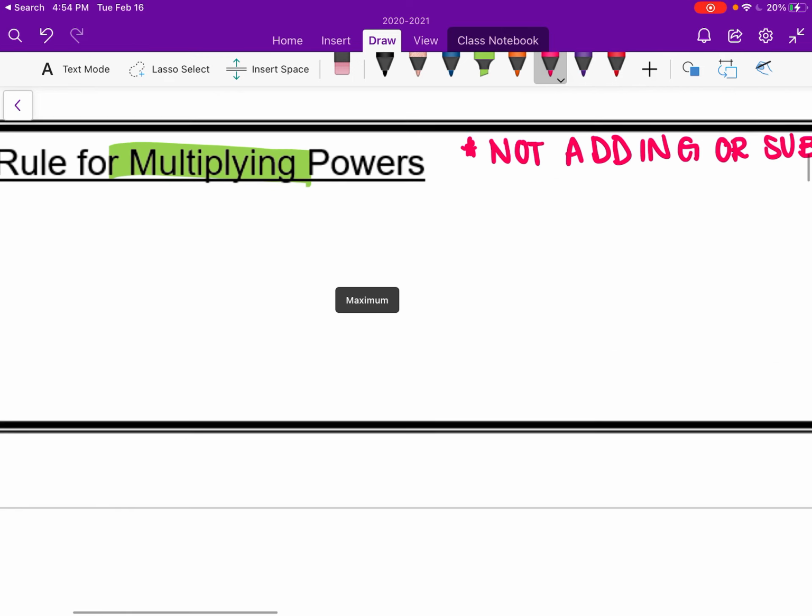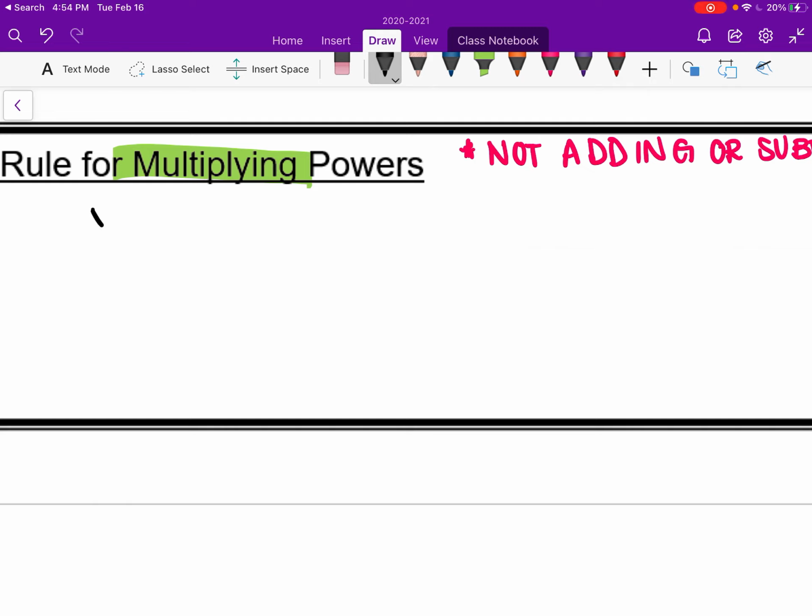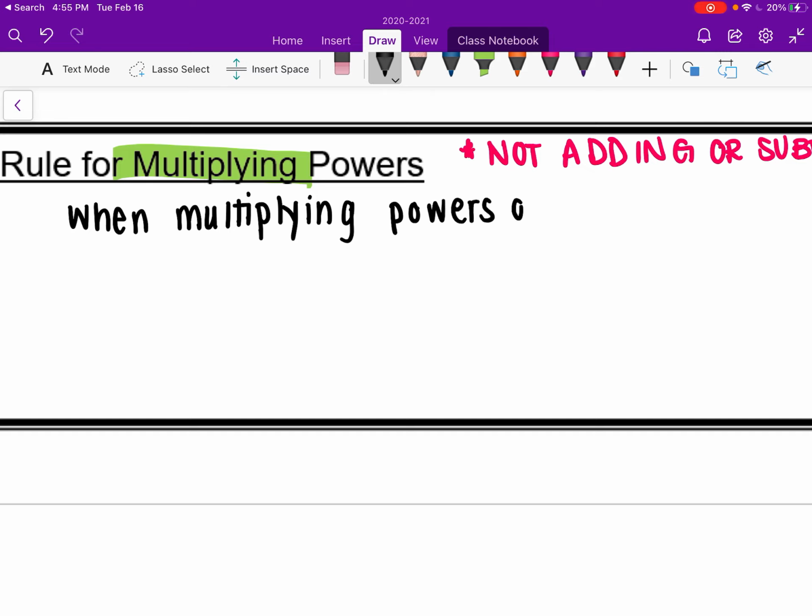So when multiplying powers or terms, right?